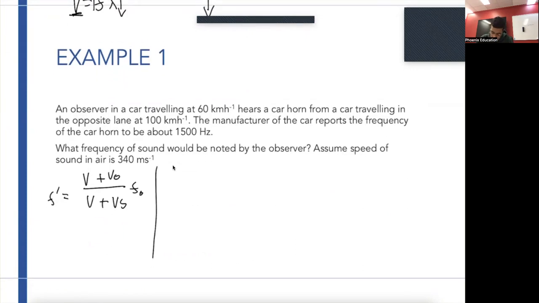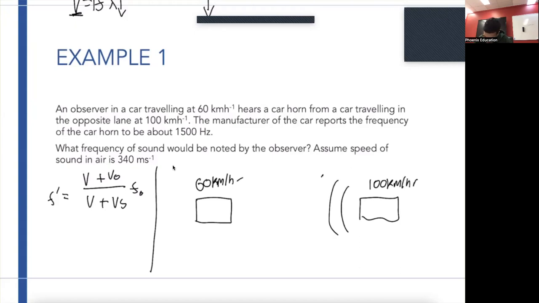Okay. So an observer is traveling in a car at 60 kilometers per hour. So again, we're going to draw an example just to make our lives easier. 60 kilometers per hour. And here's a car from a car traveling in the opposite lane at 100 kilometers per hour. Okay, this is traveling at 100 kilometers per hour.